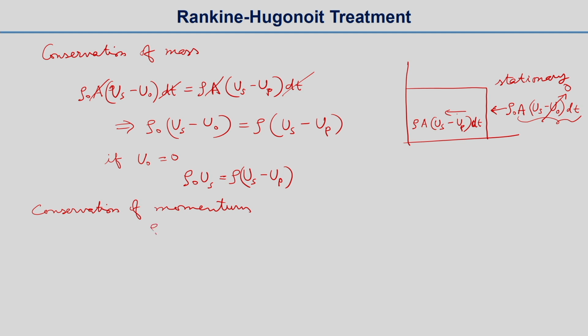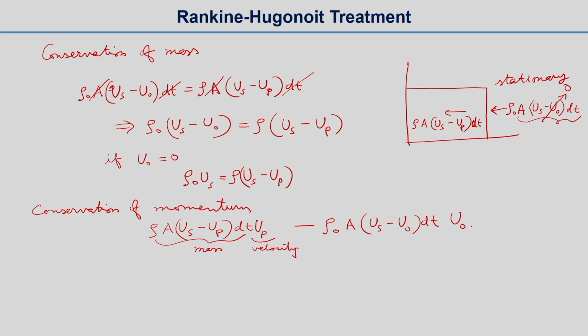So the momentum change will be rho A US minus UP dt, this is the mass, multiplied by UP, the velocity, minus rho naught A US dt, mass, into the velocity U naught.